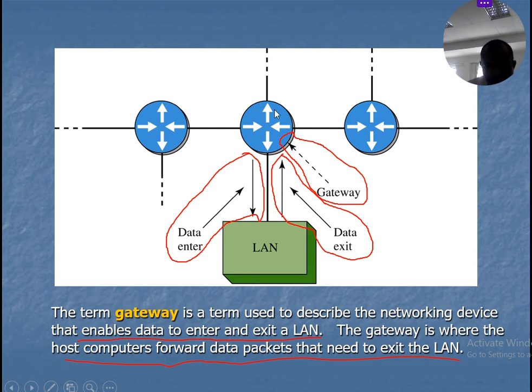The term gateway is used to describe the networking device, usually a router, that enables data to enter and exit a local area network. The gateway is where the host computer forwards a data packet that needs to exit the local area network.